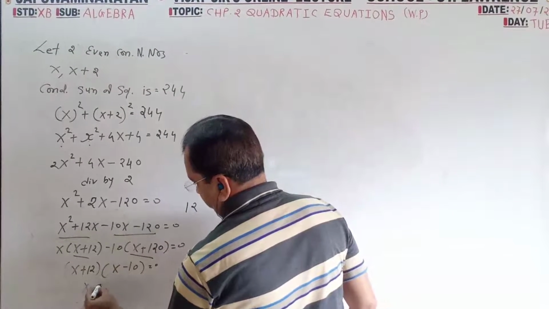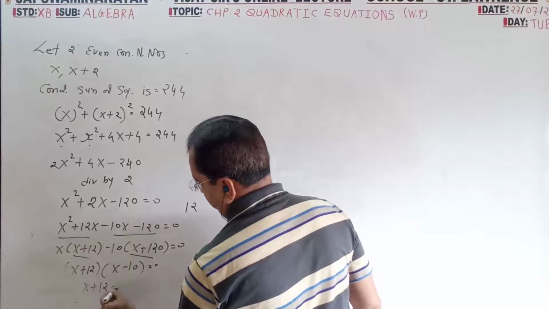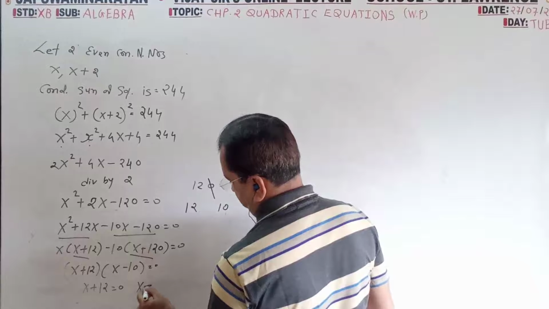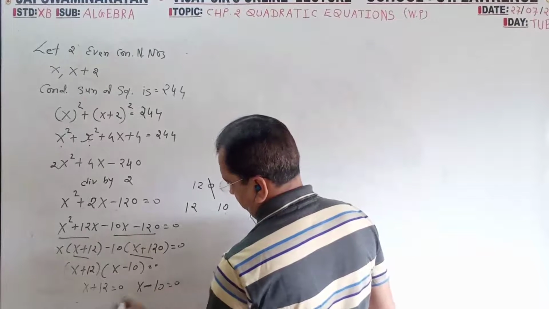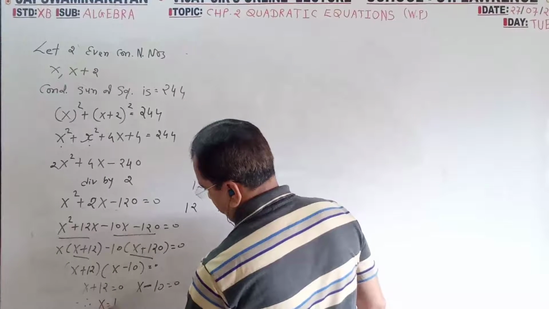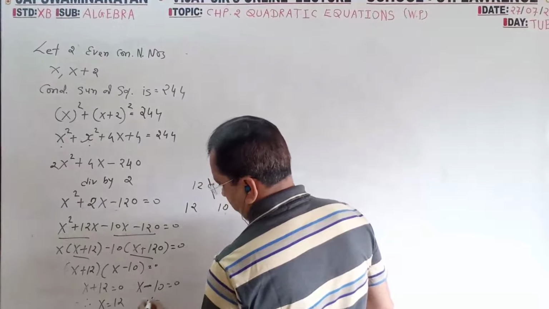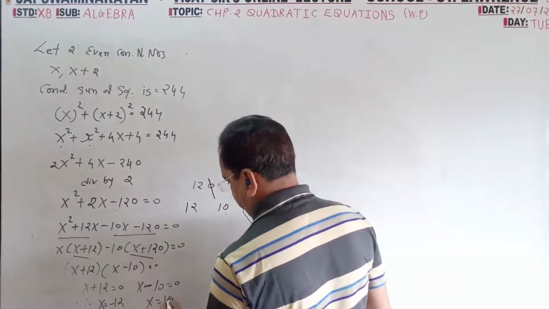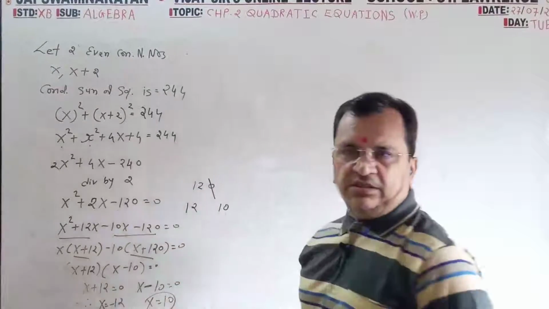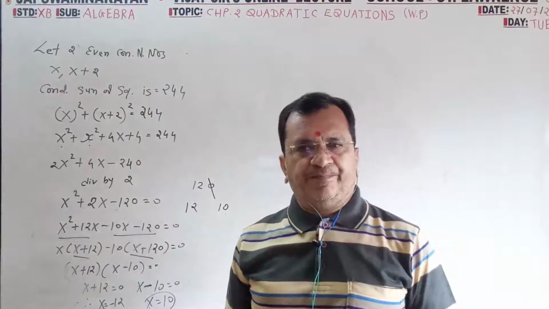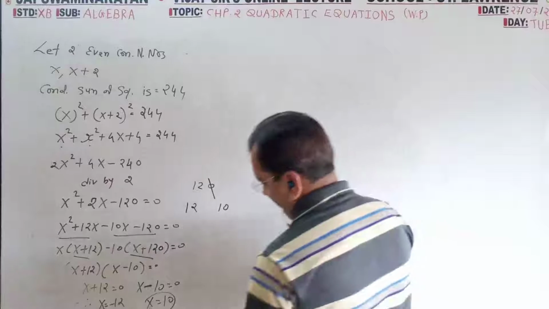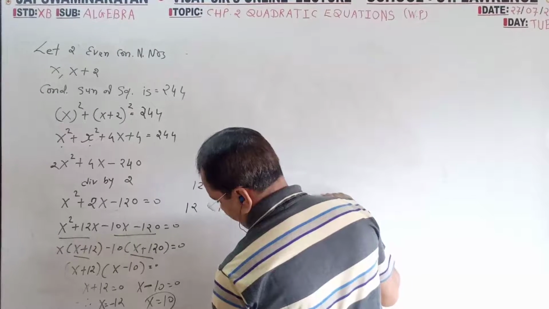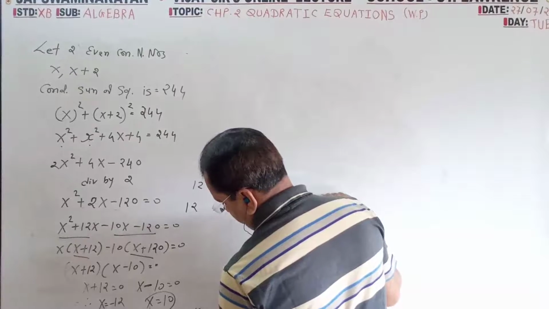So x minus 12, x plus 12 is equal to 0, x minus 10 is equal to 0, therefore x is equal to 12, x is equal to minus 12. We want a positive number. So the first number is x equal to 10, the second number is x plus 2, that is 10 plus 2, that is 12.